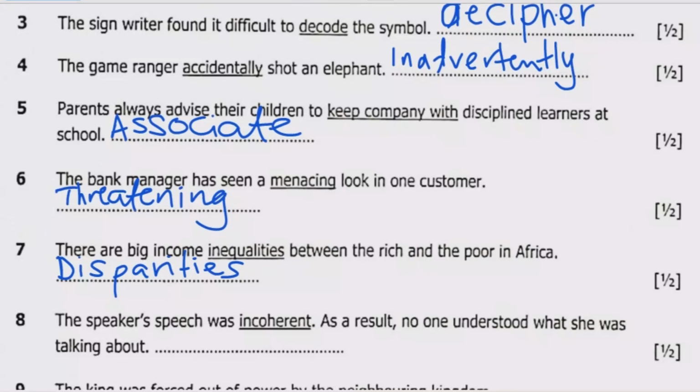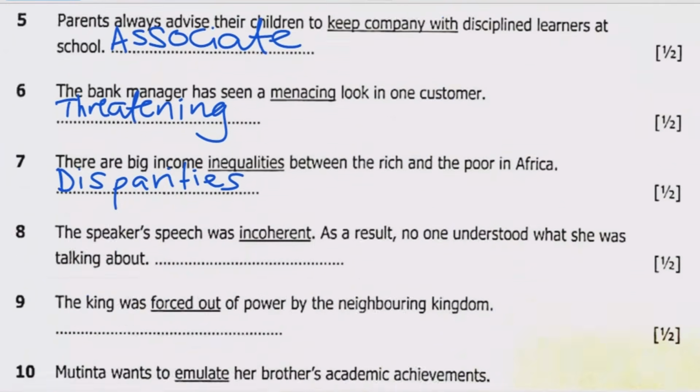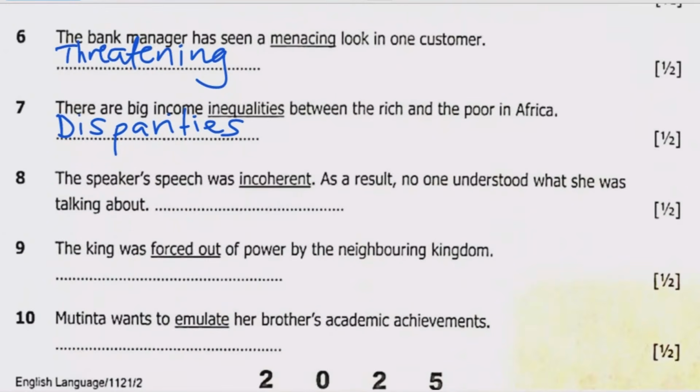What does incoherent mean? It means inarticulate, not able to say things clearly. So we can look for any word that means that, which is inarticulate, not being able to say things clearly.